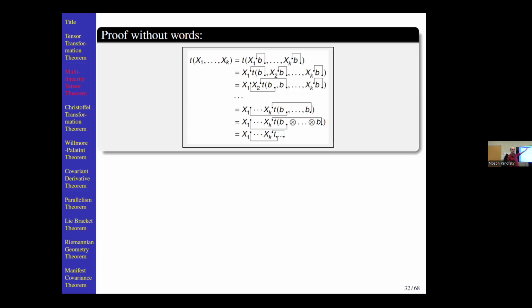I'm not showing the point, but this is all at one point. And so these are the contractions that define the expansions of the tangent vectors. And then you move those to the left one at a time because of linearity. And you end up moving them all out. All of the coefficients x are being moved out, and you're just left with the tensor. So multilinear function to tensor.